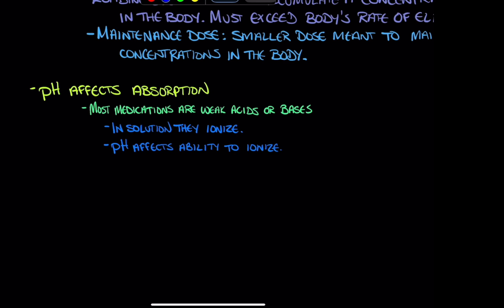If you think about medications as being a chemical, having the pH manipulate the actual makeup of the molecule will obviously change its availability or ability to attach to its intended receptors.